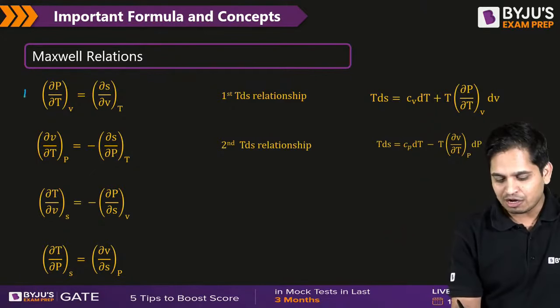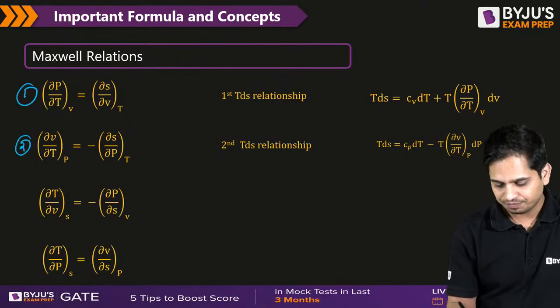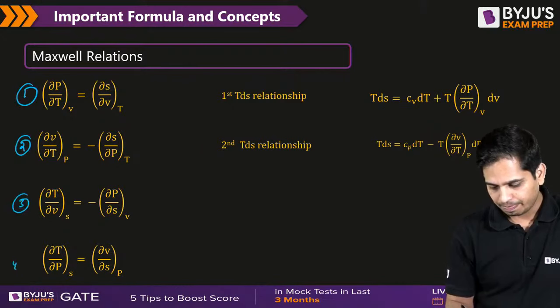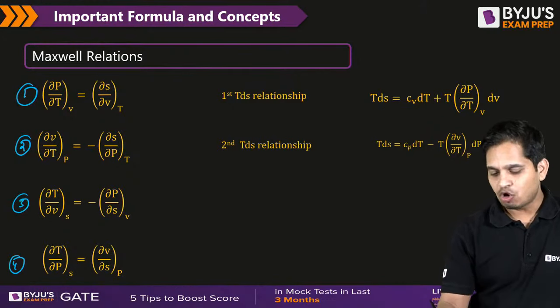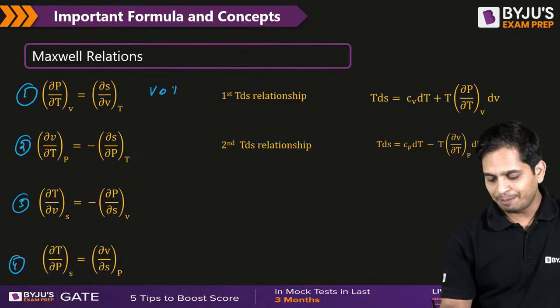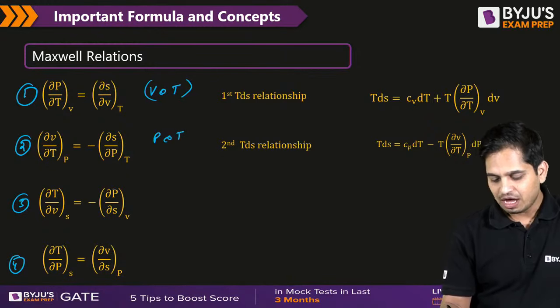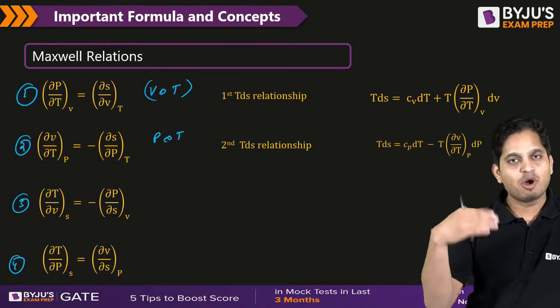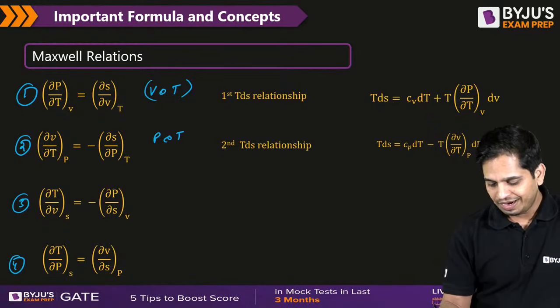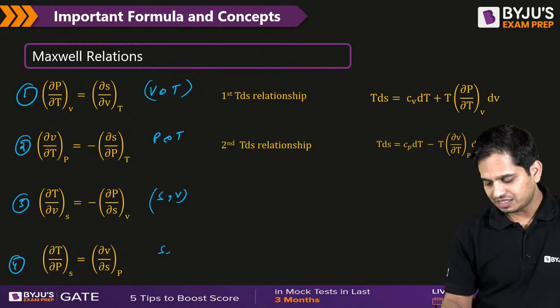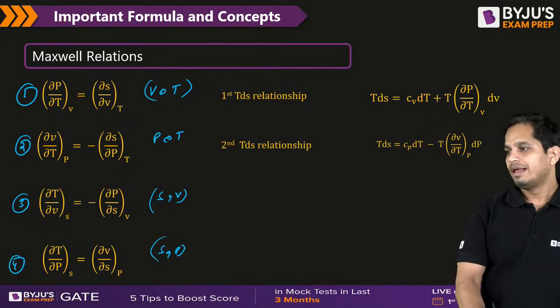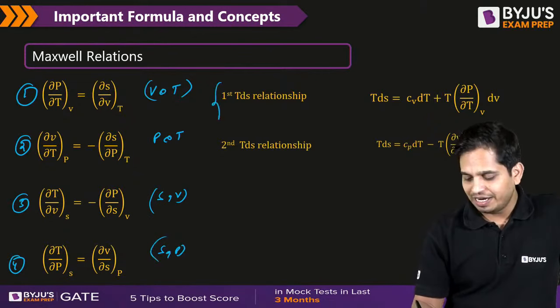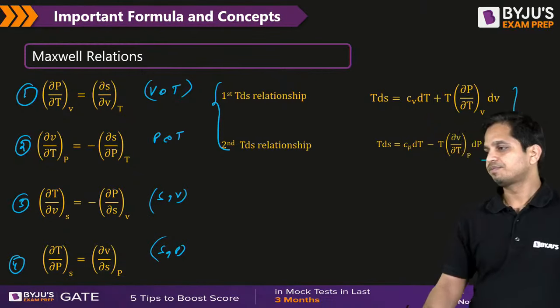Okay, so these are the 4 Maxwell relationships. At constant volume and temperature, at constant pressure and temperature, how other properties are related, and at constant entropy and volume, and S and P. And these are the first and second TdS relationships.